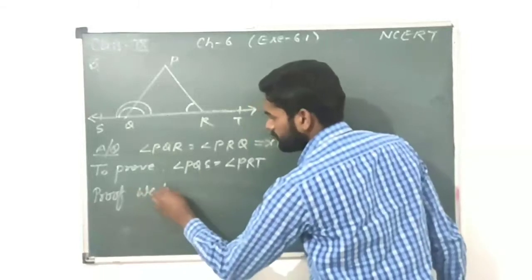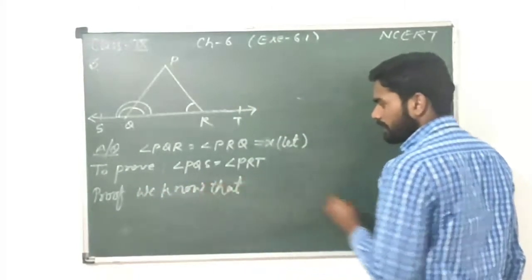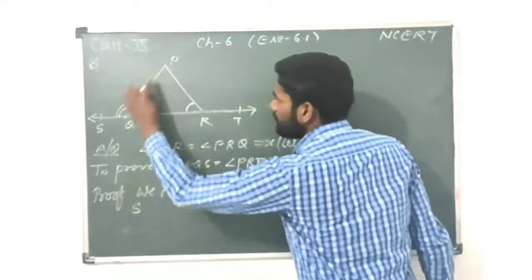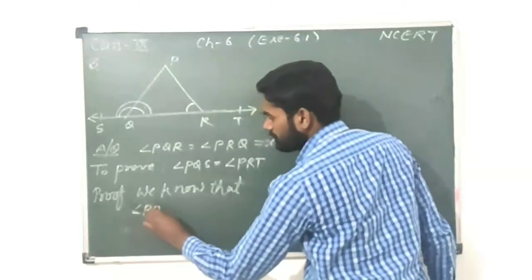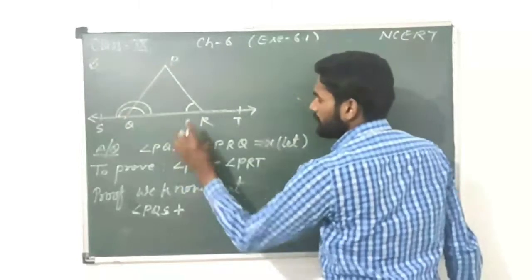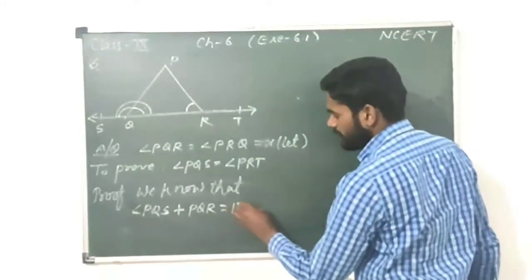We know that angle PQS plus PQR is equal to 180 degrees.